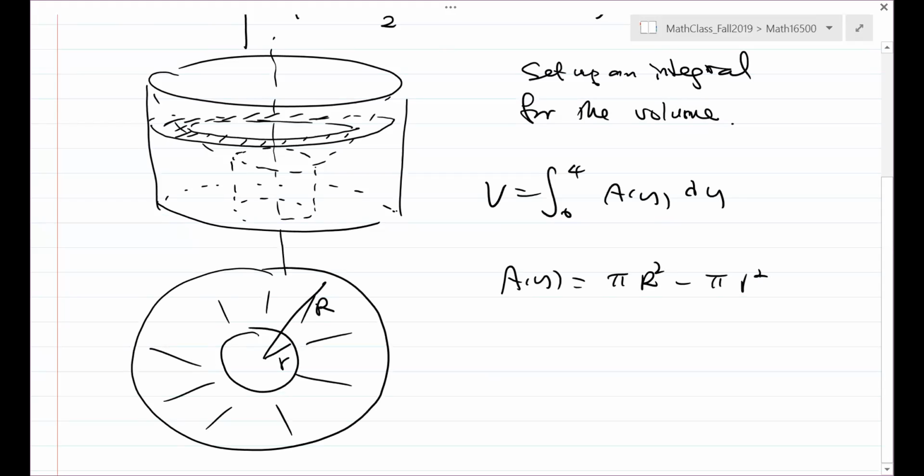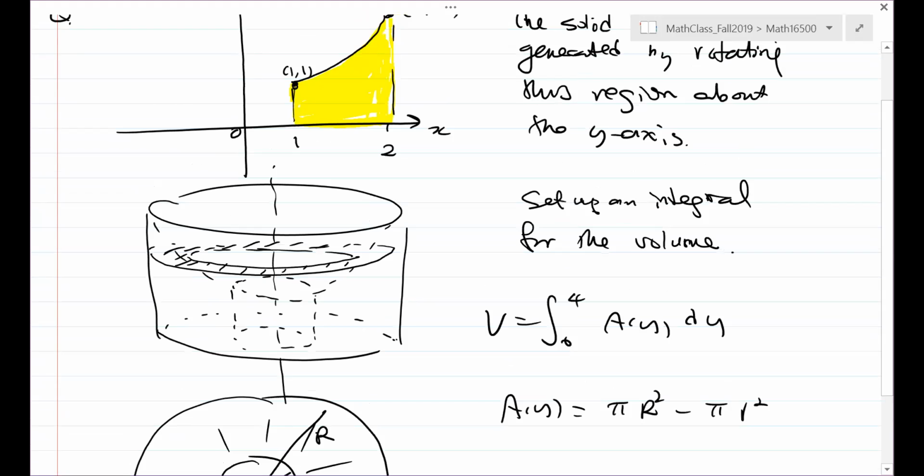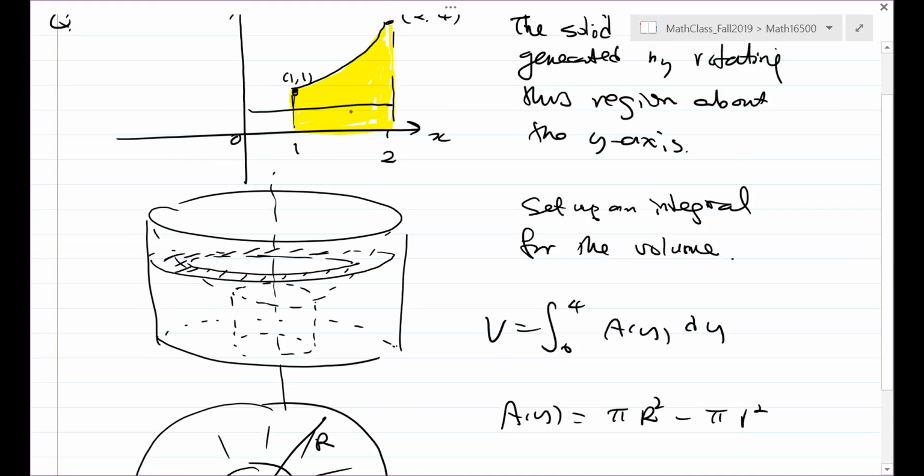Let's figure out what capital R is. The capital R is constant. It is fixed. If you look at the picture, capital R is this part from here to here. The little r is here, right? It depends on where it is. This is little r.